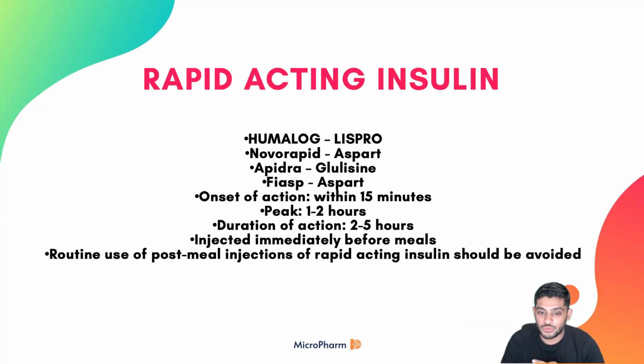So in terms of rapid acting insulins, you've got a few different types. You've got Humalog, which is lispro, NovoRapid, which is aspart, Apidra, which is glulisine, and Fiasp, which is aspart.